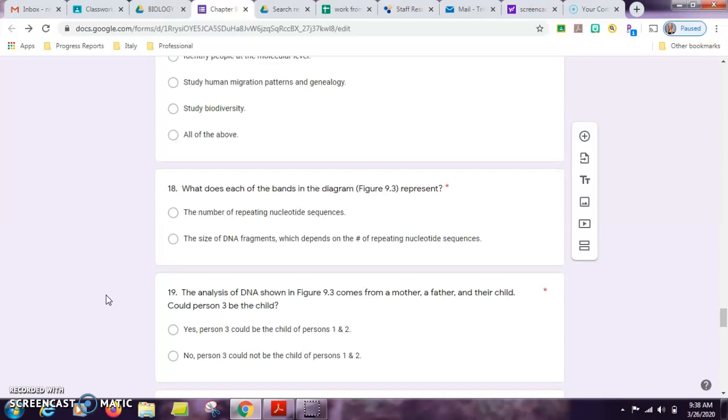Number 18 also uses figure 9.3. Number 18 says, what does each of the bands in the diagram represent? The number of repeating nucleotide sequences, or the size of DNA fragments which depend on the number of repeating nucleotide sequences?